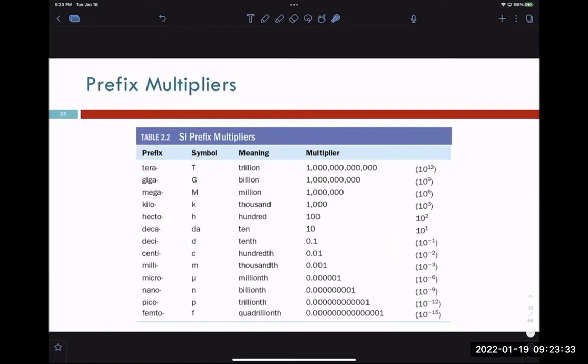The most common ones that we use are actually kilo, mega, and giga, and then times 10 to the -3, which is milli, times 10 to the -6, times 10 to the -9. Actually, talking about length, centimeter.